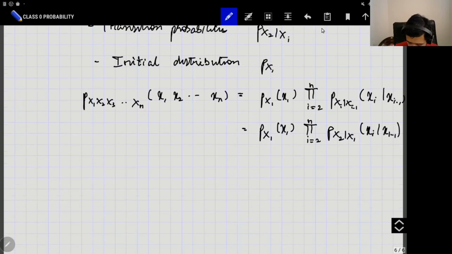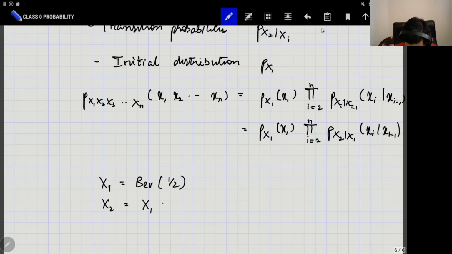Let's consider the following random process where everything is Bernoulli. So x1 is generated as a Bernoulli half random variable, and x2 is equal to x1 plus an independent Bernoulli 1/3 random variable.